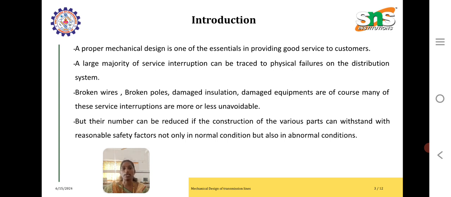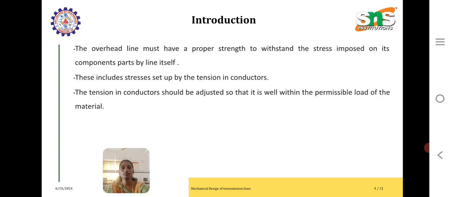First, we have to serve the customer, and another point is that issues like insulation failures, broken poles, broken wires and damaged equipments are not avoidable, but they may be fewer in number. The overhead lines must have proper strength to withstand the stress imposed on their component parts by the line itself.